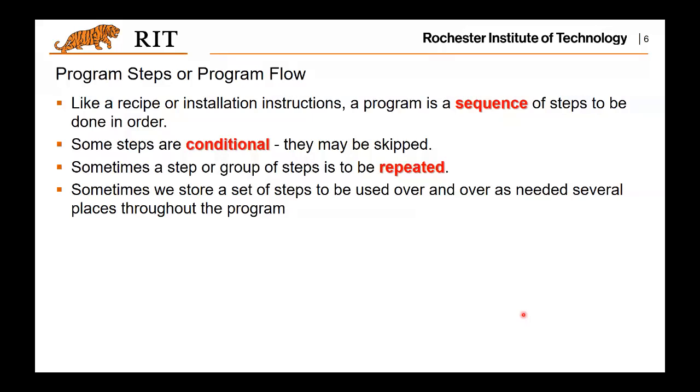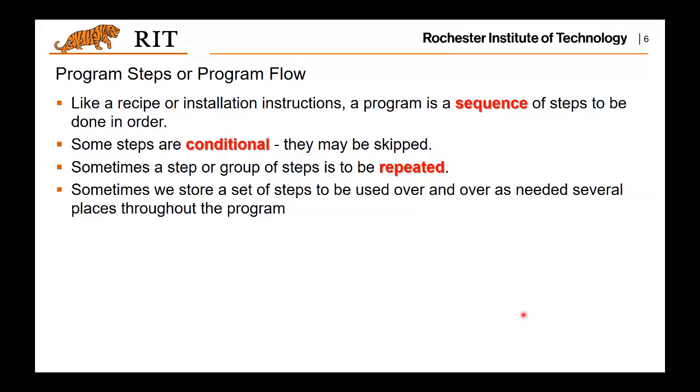So as you can see from the previous example, Python programming is just like a recipe or instructions. You have a sequence of steps to be done in the order specified by the programmer.